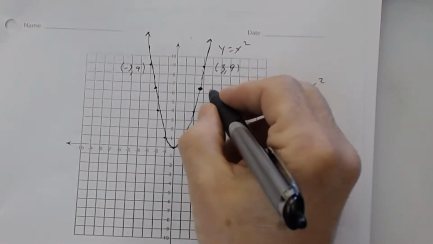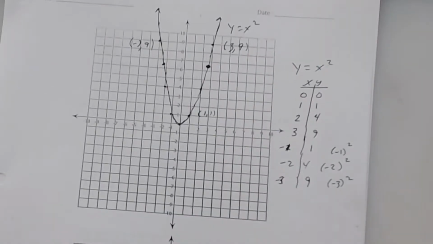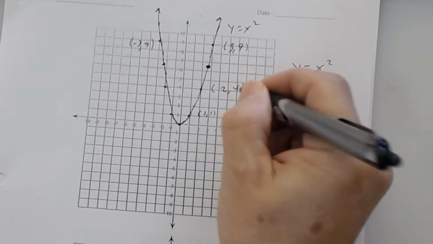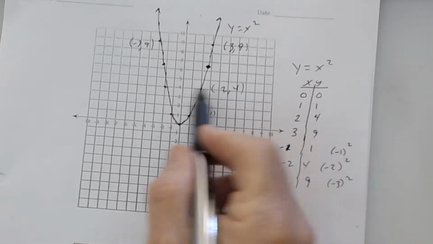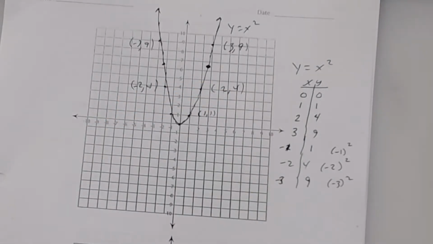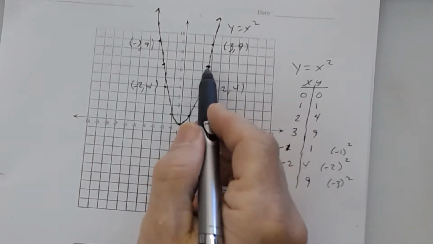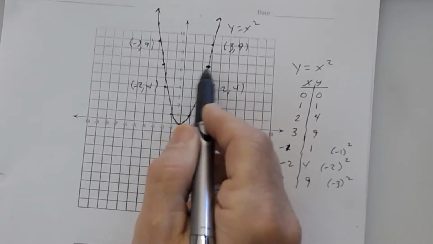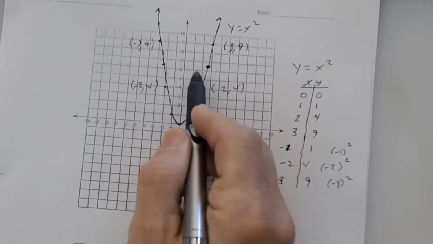If the point 2, 4 is on the graph of an even function, then what other point better be on that graph? Negative 2, 4. So the x coordinates are opposites, but the y coordinates stayed what? The same. Okay? So a couple things I want you to recognize for right now about an even function. The horizontal distance from the y-axis is the same on either side. Okay?